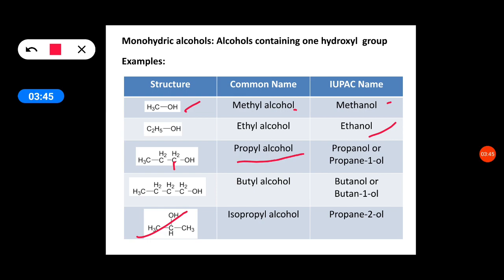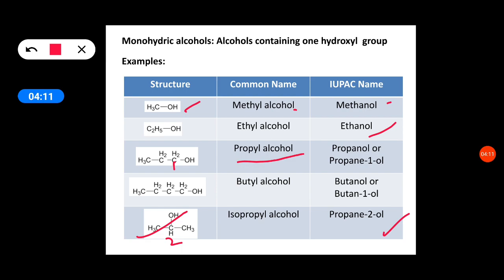Let us see the last example. Here three carbons are there and the OH group is present on second carbon, and this is called isopropyl group, isopropyl alcohol. But in the IUPAC name, three carbons in a straight chain, then it is propane. The OH group is present on second carbon, therefore it is propane 2-ol.